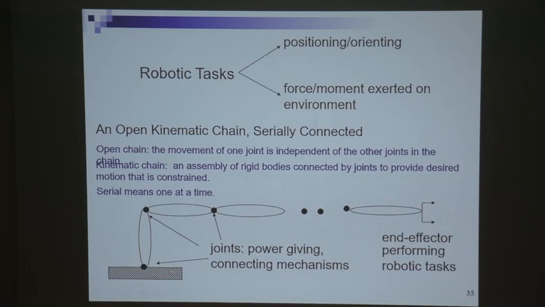This is the base of the robot manipulator. You have the joint, and then you have the link. The joint is the power-giving connecting mechanism. You will come across various ways of drawing a robot manipulator.